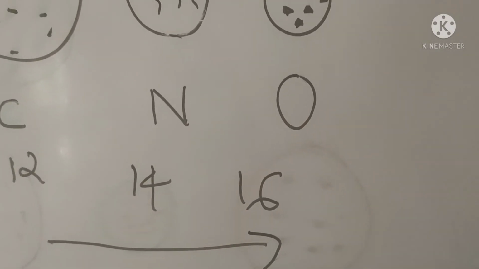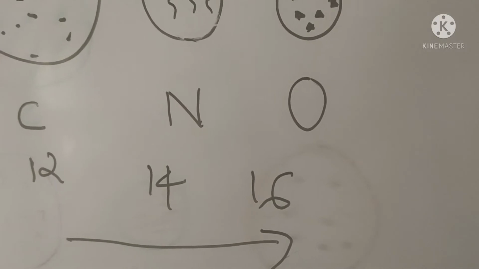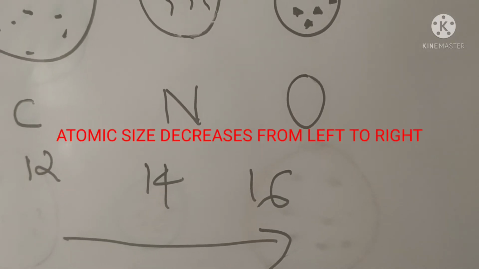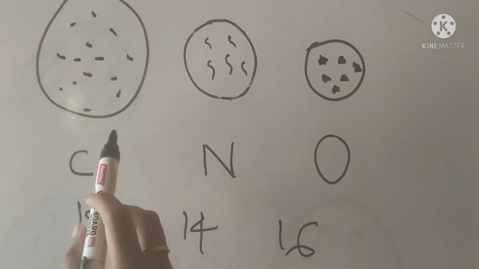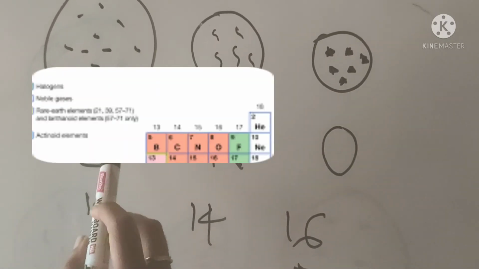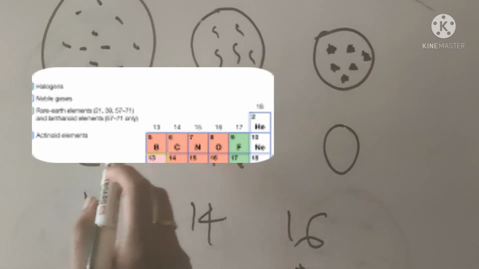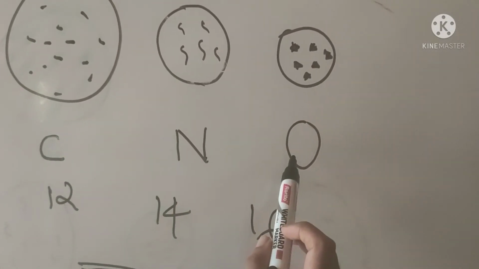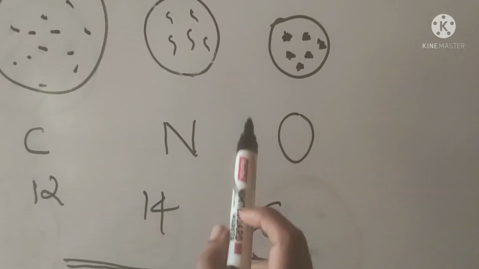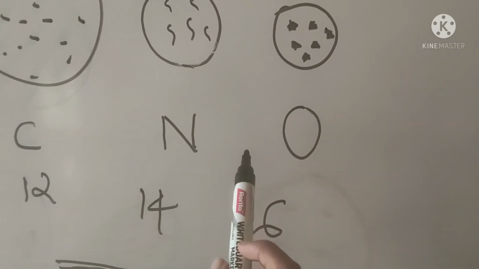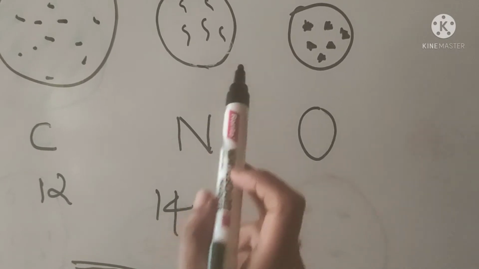Along a period of the periodic table, the atomic size decreases. Therefore, carbon has a larger atomic size than nitrogen and oxygen. That is the second postulate: atoms of different elements have different atomic mass and size.